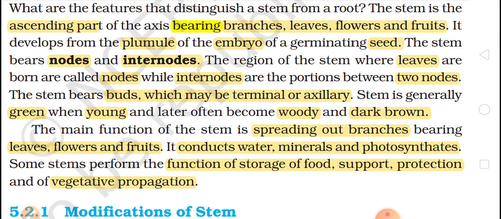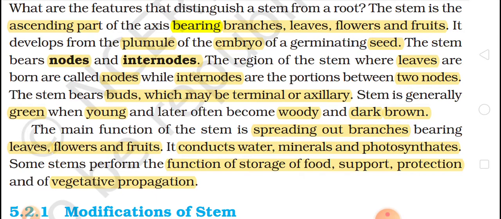Children, the functions of the stem: they provide strength to the plant. Second, they help in transportation of food and water because they contain the vascular tissues, xylem and phloem. Now children, do you know which tissue transports the food and which transports the water? Xylem basically transports water and phloem transports food. Vegetative propagation is another property of the stem.